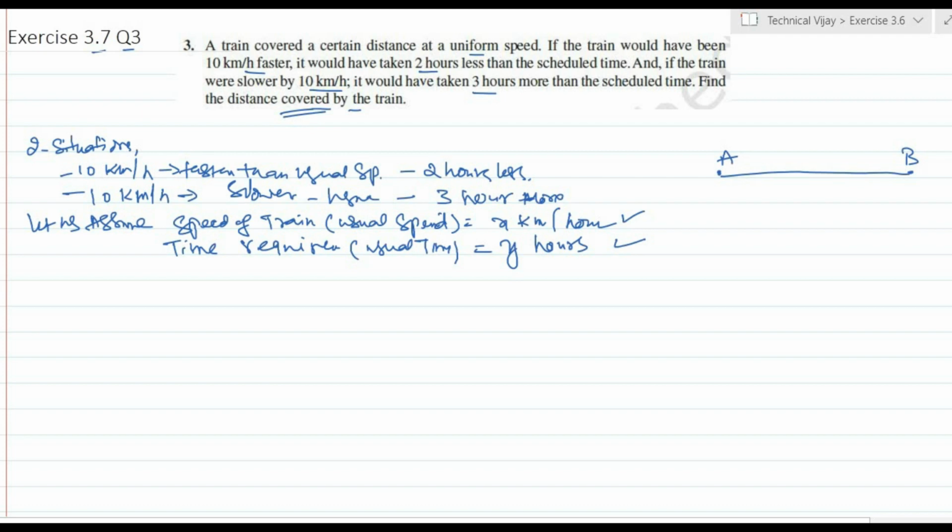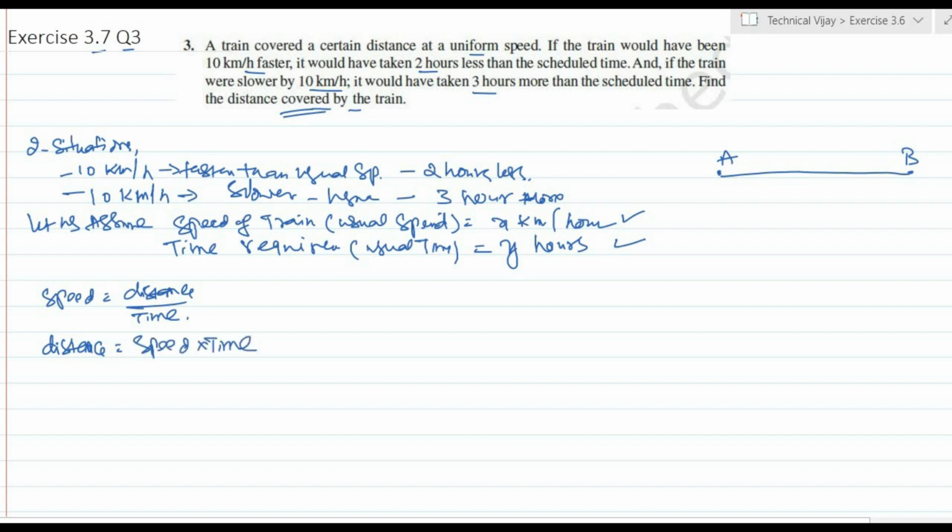Now we know that speed is equal to distance divided by time. So here we have to find the distance, so distance is equal to speed into time.